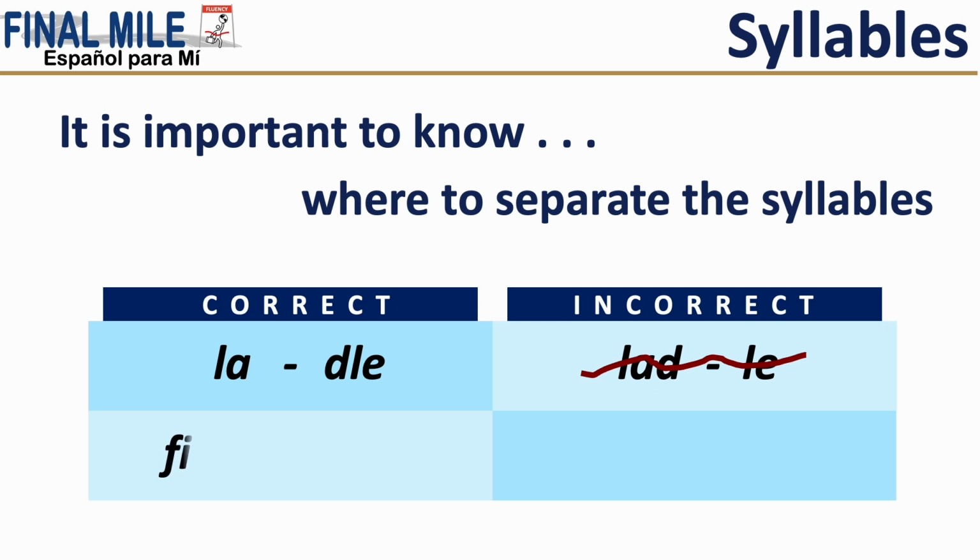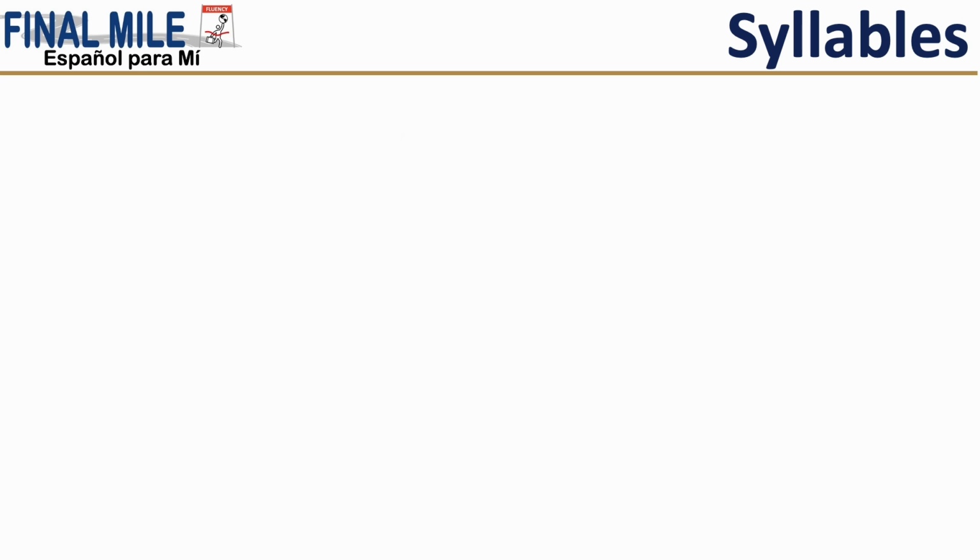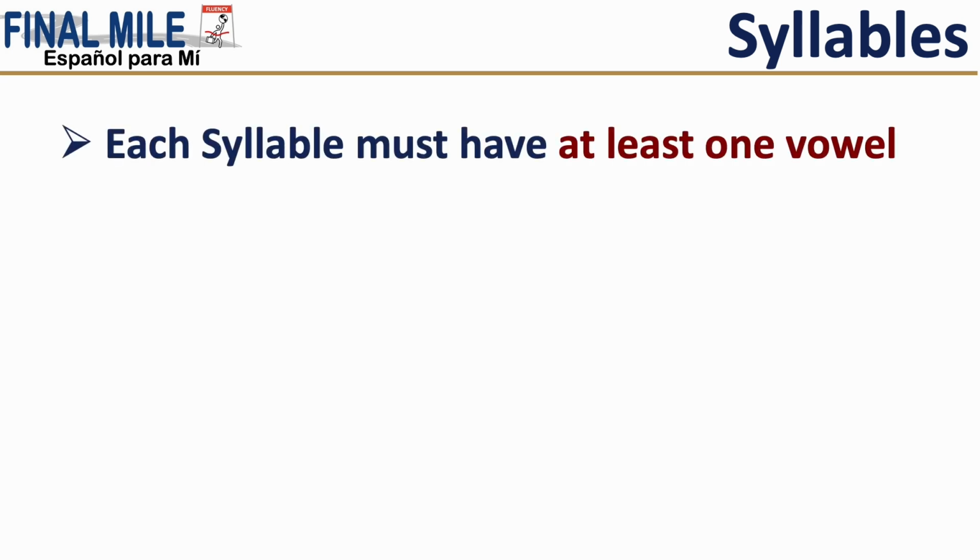Same thing happens in Spanish, but let's look at another word in English. Finally. Okay, that is correct. Finally. Okay. If we were to separate it like this, it would be finali, or finally. That would not work. So, very important that we learn how to separate the syllables correctly.